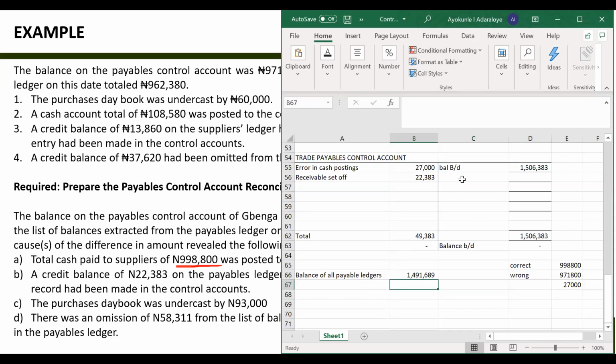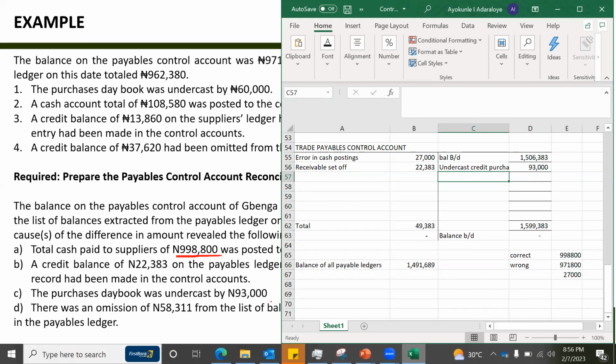So when you reduce it, it's supposed to actually be more than that. So you go back and add it to undercast credit purchases. How much was it undercast? 93,000 naira.